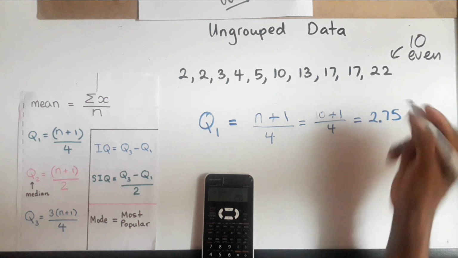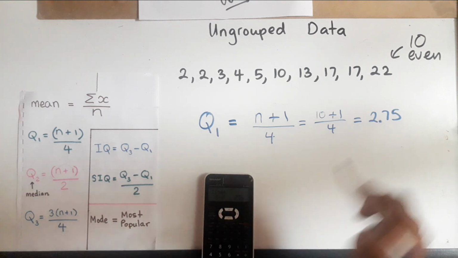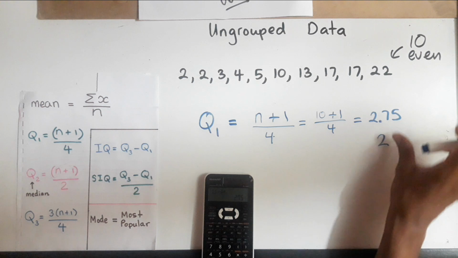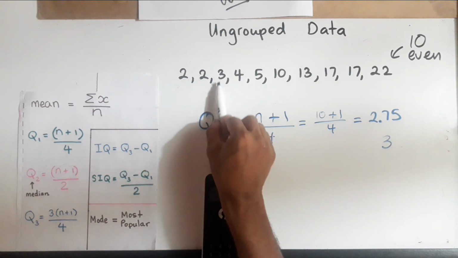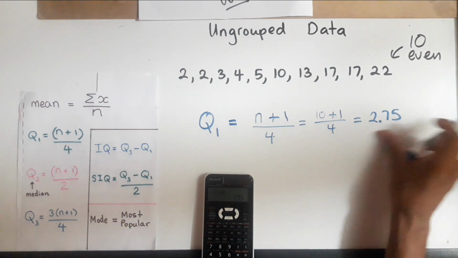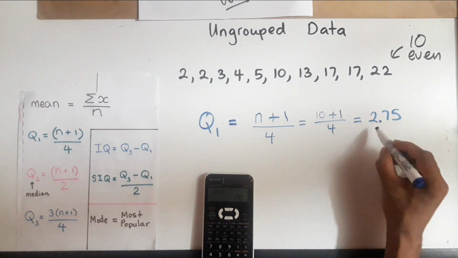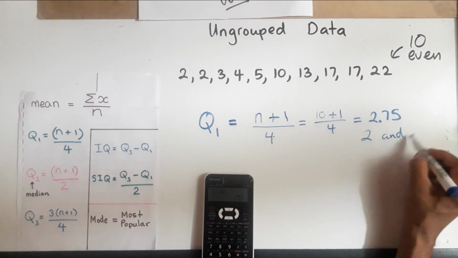All right. So you see, we're not getting a whole number this time. I mean, if the answer was 2, you would go 1, 2. If the answer was 3, you would go 1, 2, 3, and it would be the third number. But this time it's 2.75, which means we have to count. Now 2.75 is in between 2 and 3.